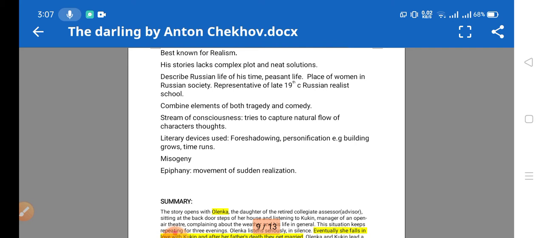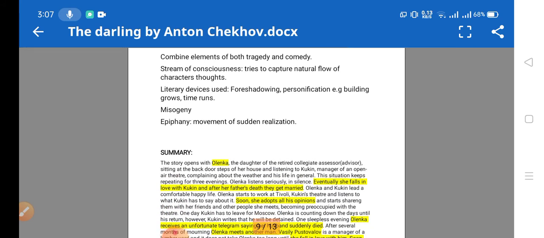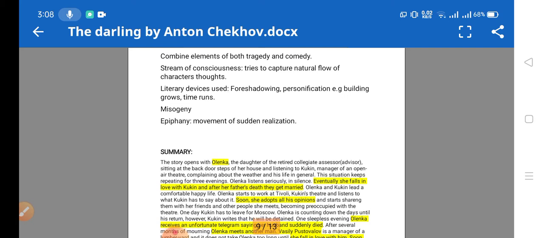He was a representative of the late 19th century Russian realist school, and he combined the elements of both tragedies and comedies in his writing. Another important thing about his writing is the technique of stream of consciousness.